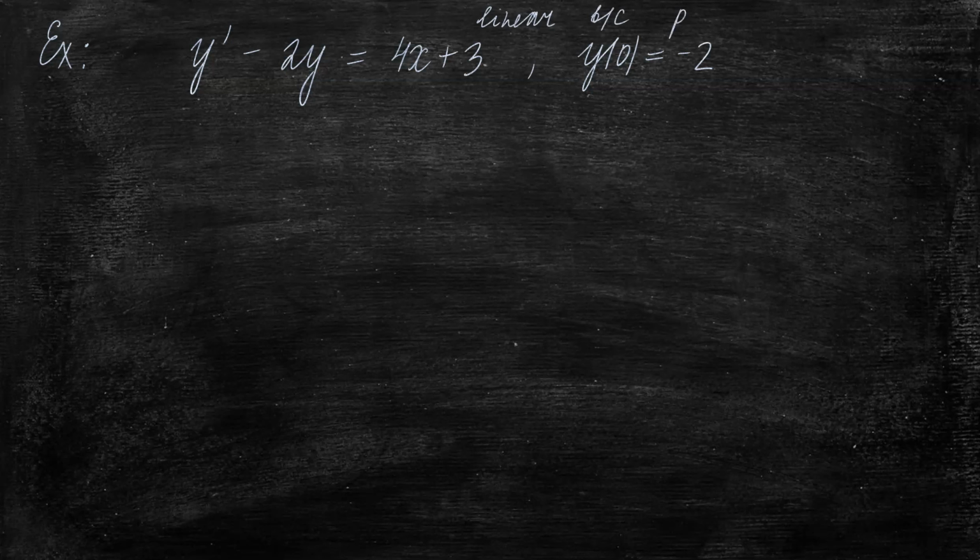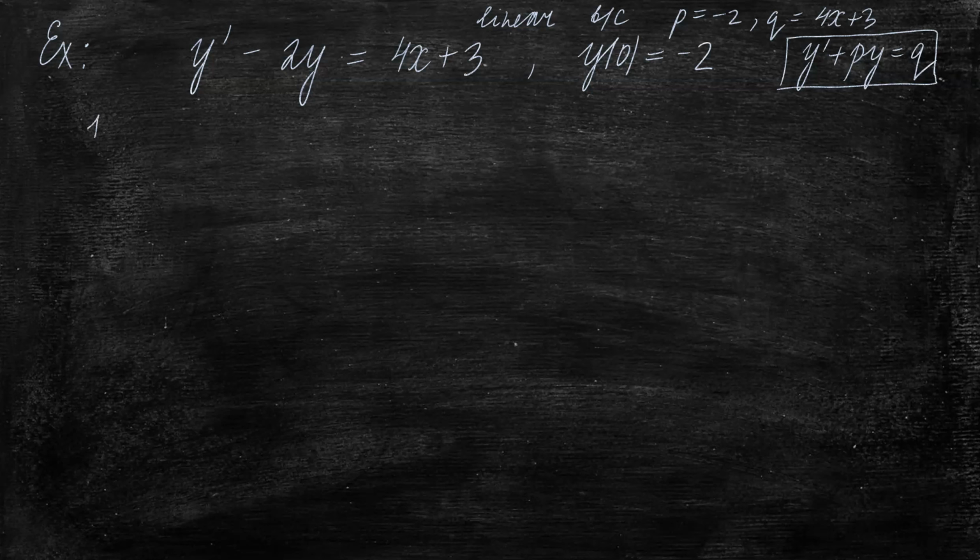It is linear because p is equal to -2 and q is equal to 4x plus 3, so that we have exactly this form of a differential equation, which is what we call first order linear.